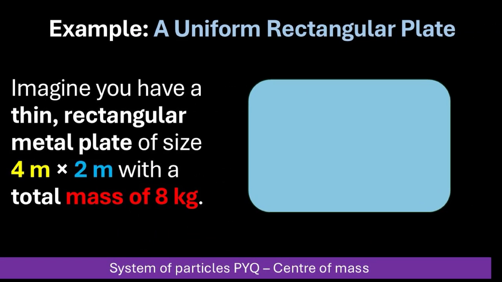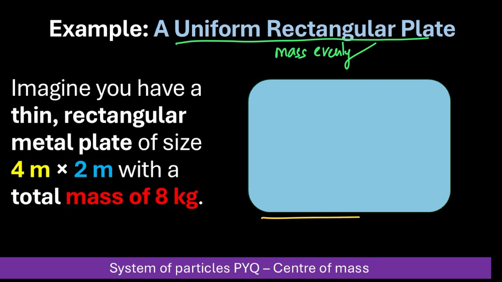Now, if we have a uniform rectangular plate, which means here the mass is distributed evenly, right? And let us assume that the width of the rectangular plate is 4 and the height of the rectangular plate is 2 meters, and the weight being 8 kilograms.